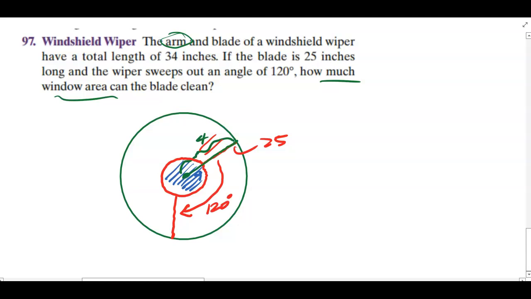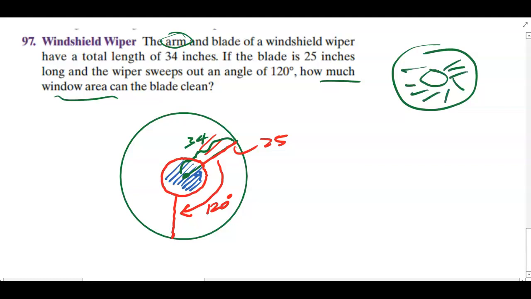All right. So we need to find out how much area is in that outer shell. So you have a circle, you have an inner shell. We're looking at how much this is. Well, the whole thing would be 34, right?